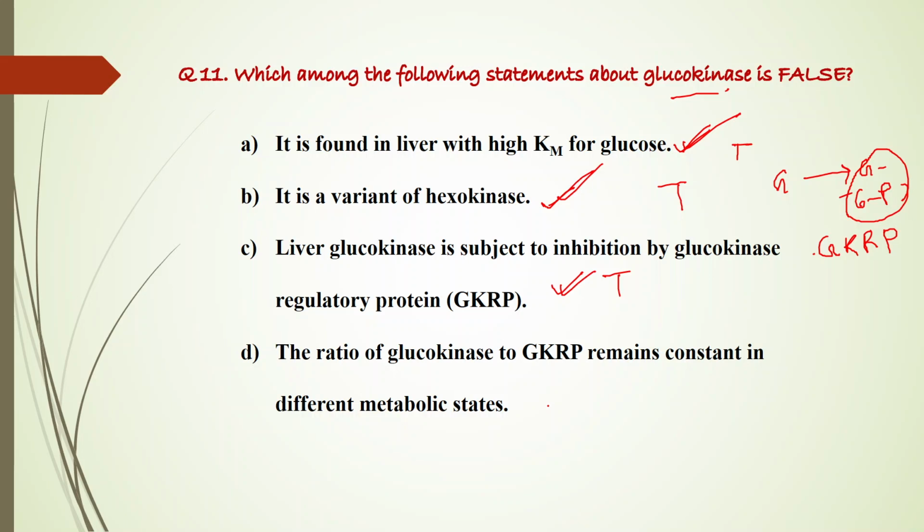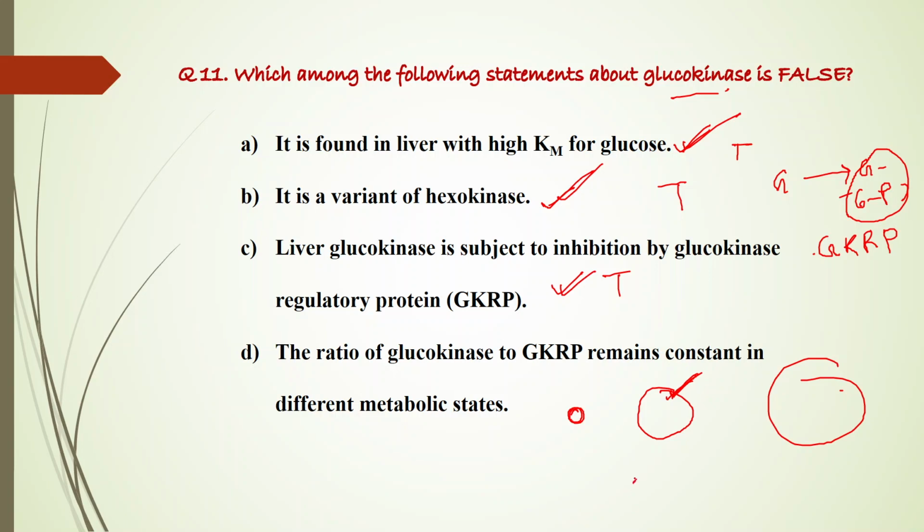Obviously, at different states, the concentration and everything will be different. So if in every metabolic state GKRP tries to regulate it the same way, it will be problematic, because the amount needs to be certain. The glycolysis cannot be very limited, or very high. It has to be some intermediate level.